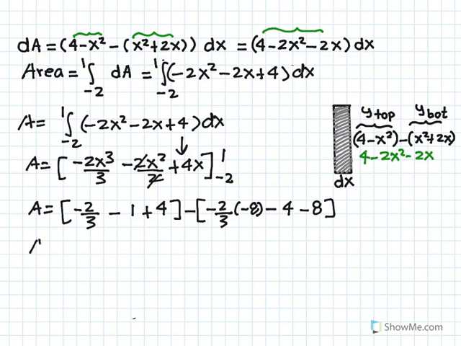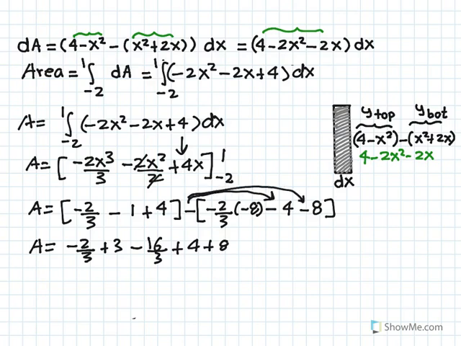Let's simplify this. Let's expand everything. We get minus 2/3, and 4 minus 1 is plus 3. Then minus times minus is plus, times minus 3 minuses is negative, so we get minus 16 over 3. Minus 4 is plus 4. Minus 8 is plus 8. We're just distributing the minus sign. Let's add the fractions first.